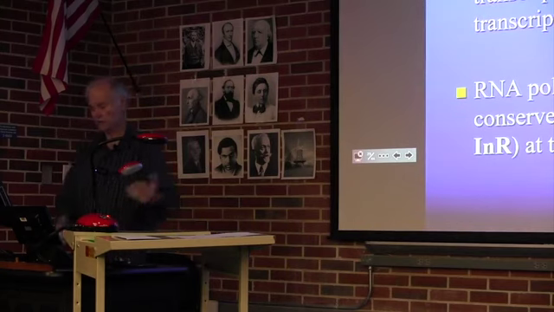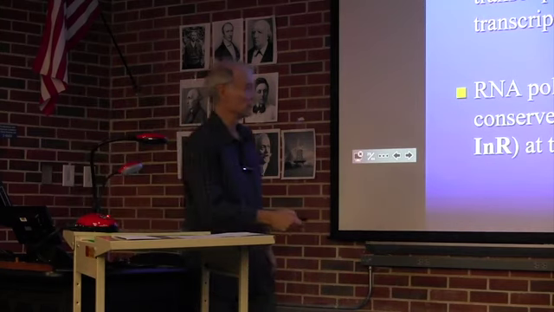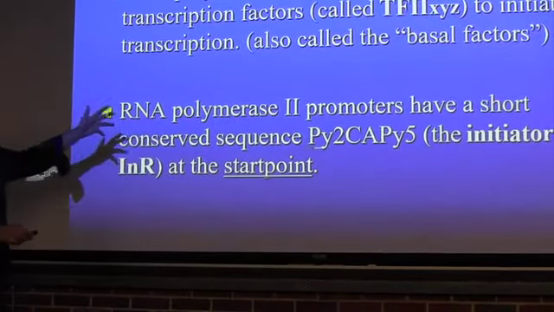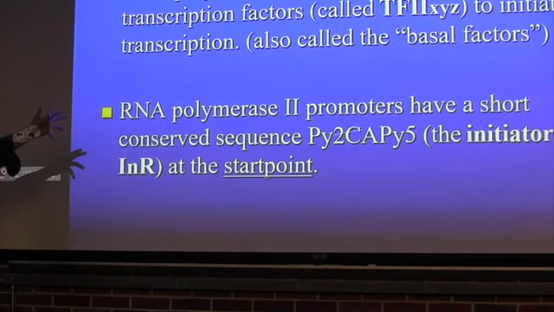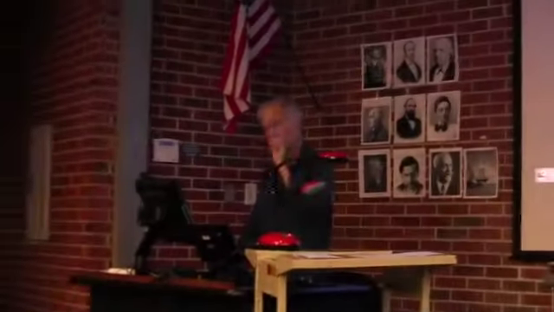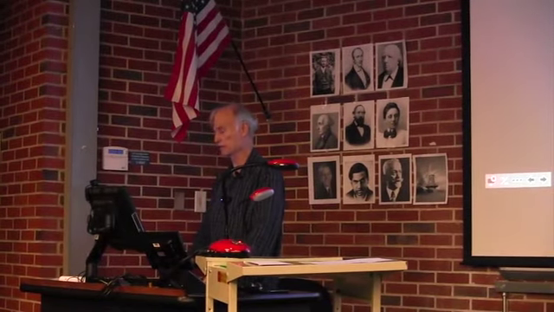This is the consensus for it. A C and an A, a lot of times it'll start on the A, but a pyrimidine, 2 of these, pyrimidine, 5 of these, so it's not a very tight consensus, but it is definitely recognized by some of the proteins of the pre-initiation complex.